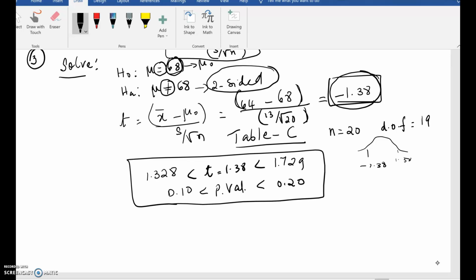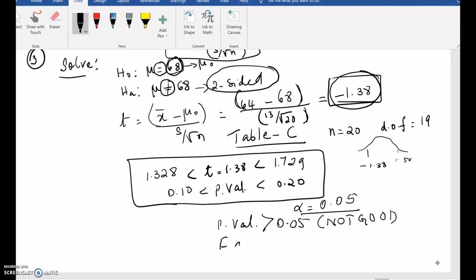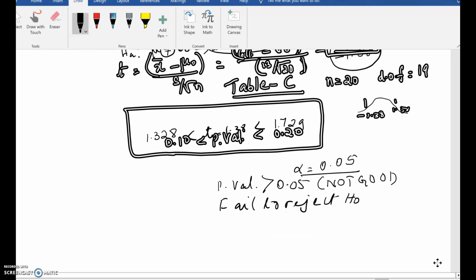Okay, so this is not good because our alpha we set as 0.05, so our p-value is larger than 0.05. A large p-value is not good. So basically, we fail to reject H0. We fail to reject H0.